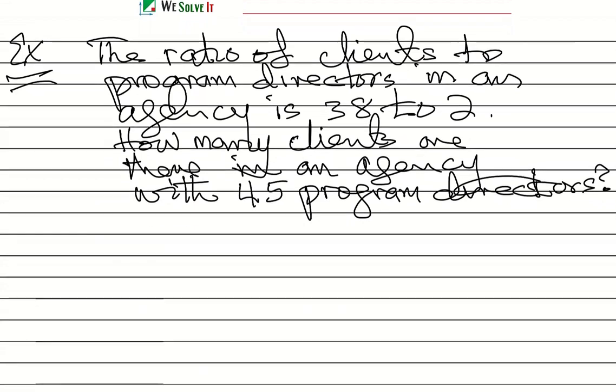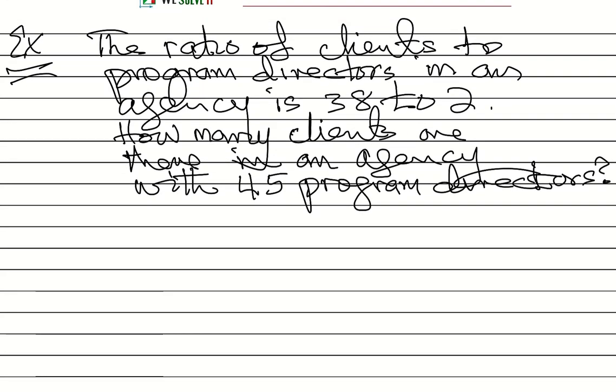I already wrote it down. Another example. The ratio of clients, I don't know if some people that watch this, they will laugh. The ratio of clients to program directors in an agency is 38 to 2. Then they ask, how many clients are there in an agency with 45 program directors?